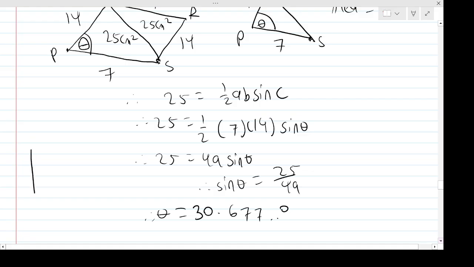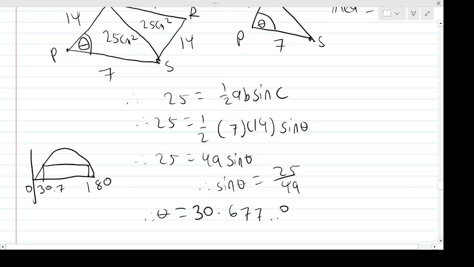So if we look at the sine graph again, in 180 and 0, the first solution is 30, that's going to be about there. So then if we read off, the next solution is going to be there for theta. 30.7 there.